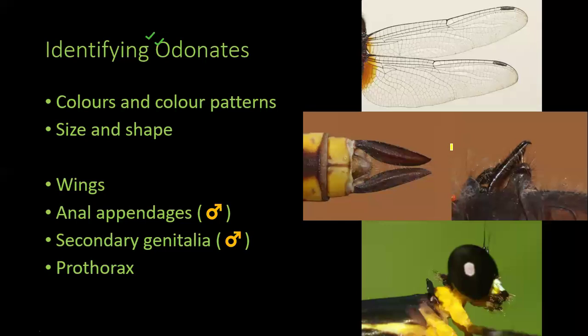And also when it comes to females, in most cases females of damselflies have structurally different prothoraxes that can be used in the identification process. Because I mentioned earlier that the male damselfly usually holds on to the female using its prothorax. So the prothorax of the female has developed structurally to match the anal appendages of that particular species, that particular male.